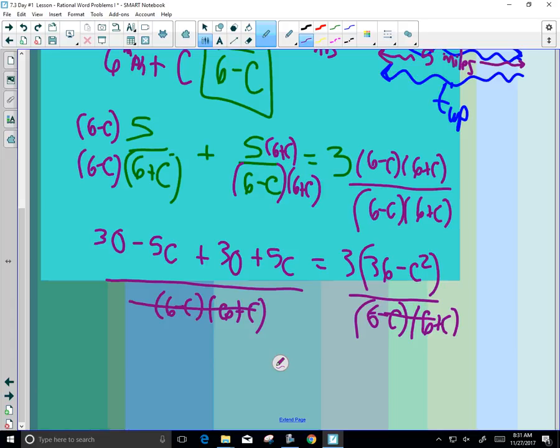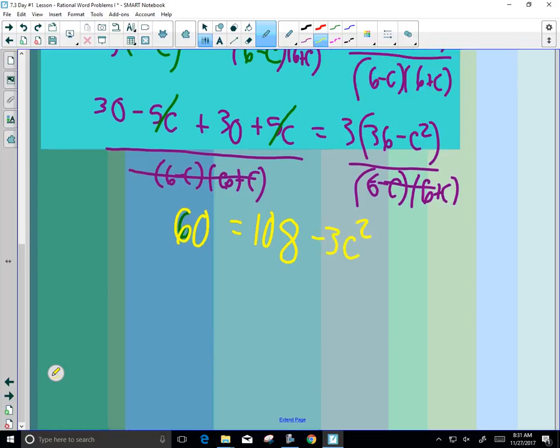So then, Chris, what happens to the 5 C's here? Those are out of there. So you get 30 and 30 is 60. And that is going to be equal to 3 times 36, which is going to be 108 minus 3C squared.